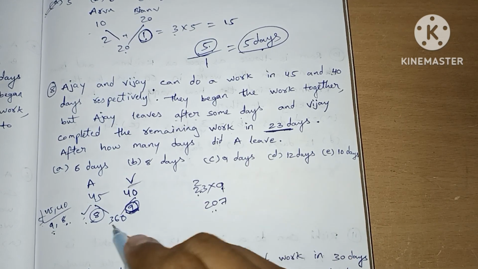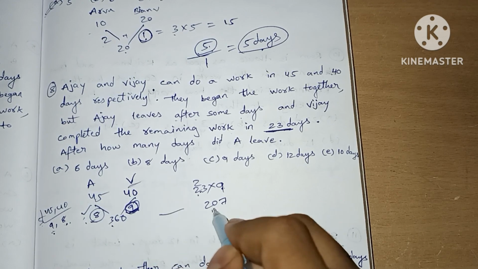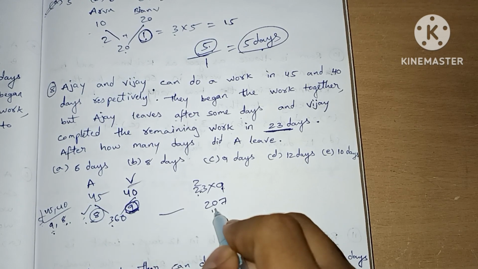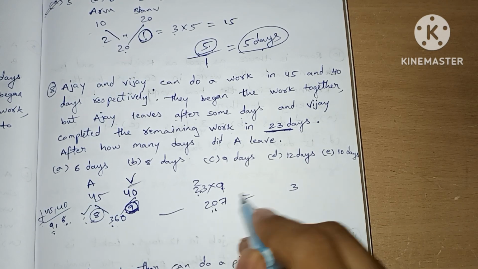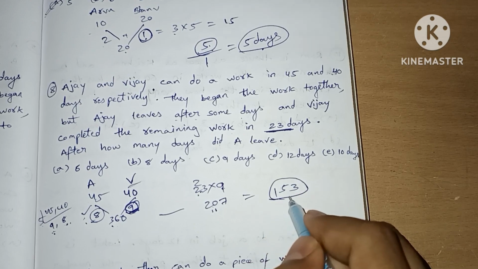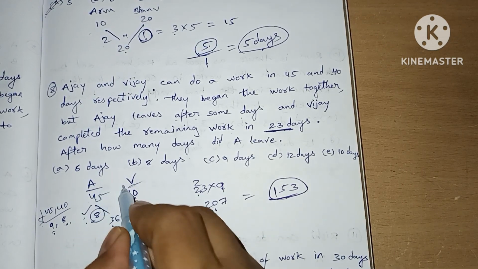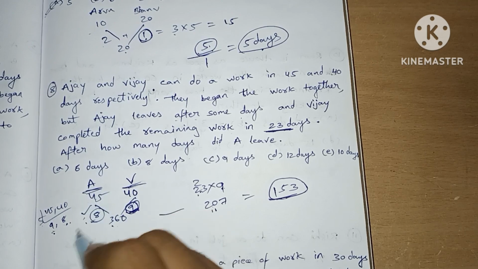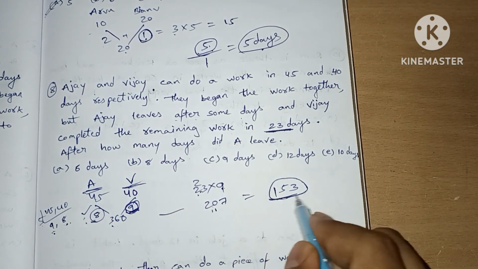So we have 360 units in total, and Vijay alone completed 207 units, so 360 minus 207, 153 units were initially worked on by Ajay and Vijay together.